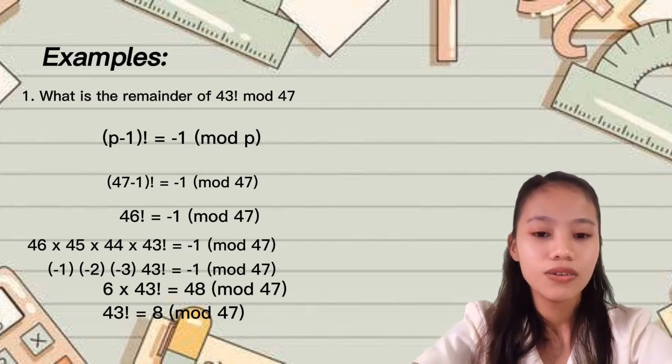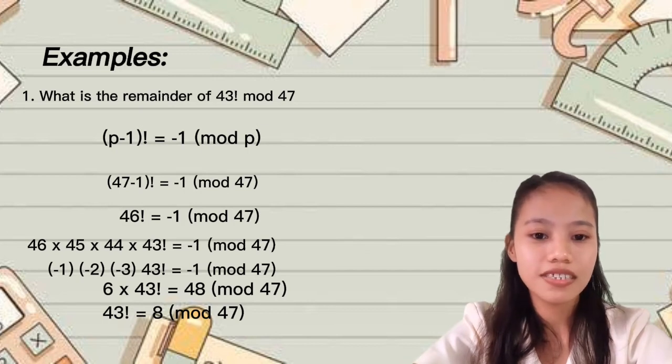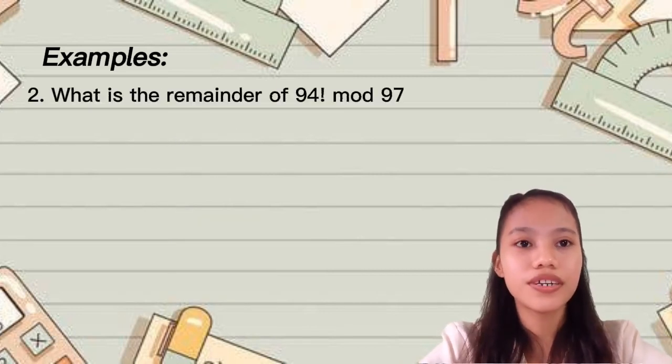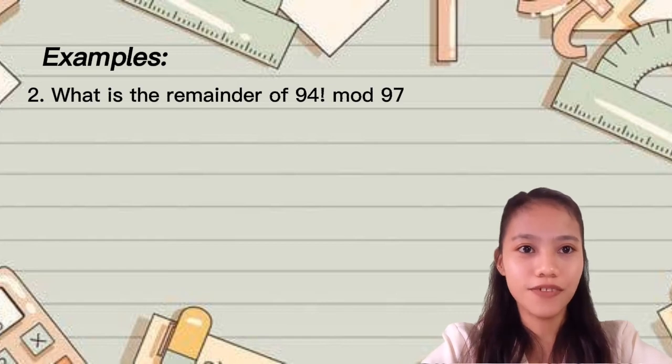So finally, we get our remainder, which is 8. So we have our solution, which is 43 factorial is equal to 8 modulo 47. And now, let's move on to our second example, which is getting the remainder of 94 factorial modulo 97.